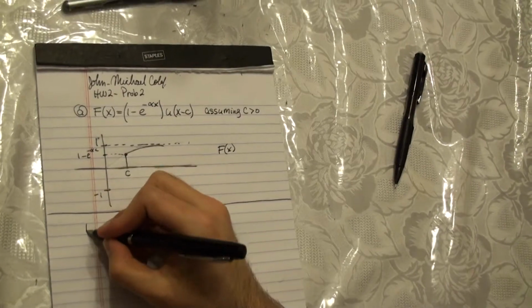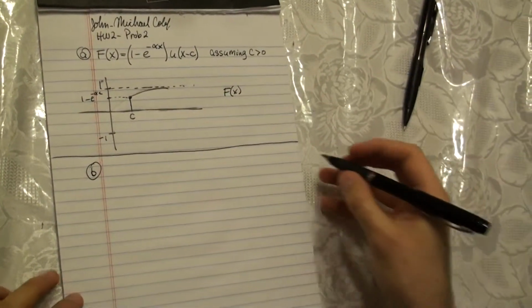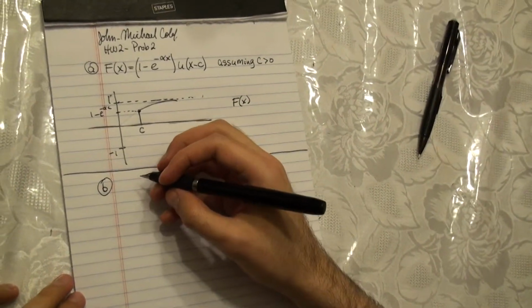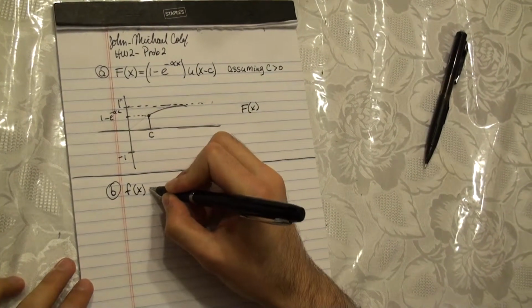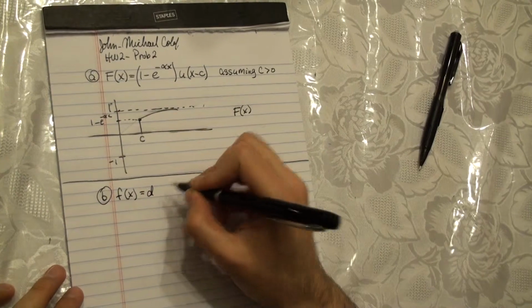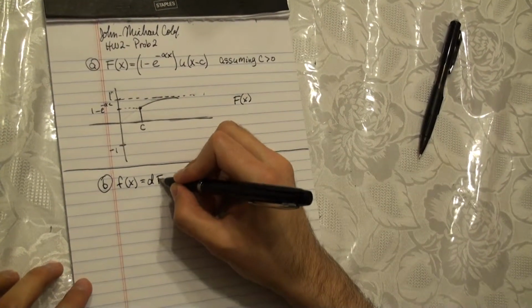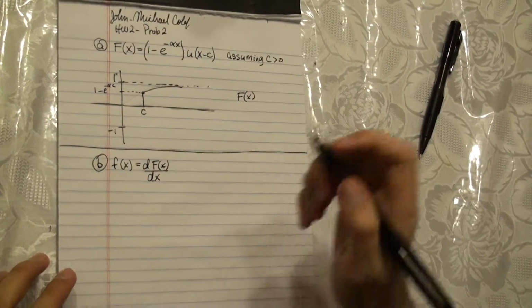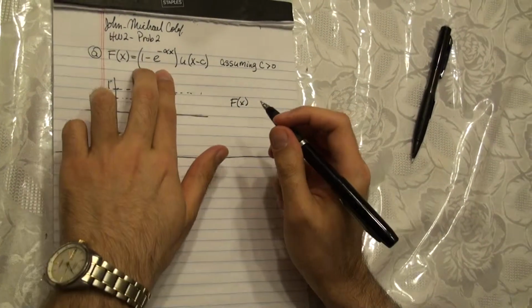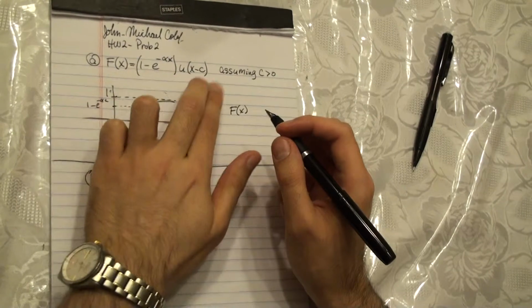Okay. Part B. We are asked to find the probability density function, which is little f of x. And that equals the derivative of the probability distribution function, capital F of x, with respect to x. So I'm just going to use product rule for this times this.